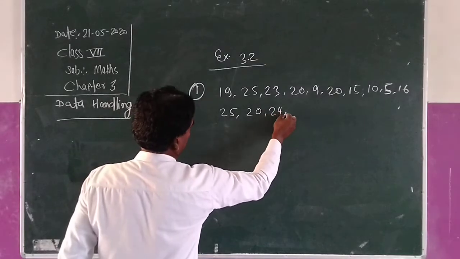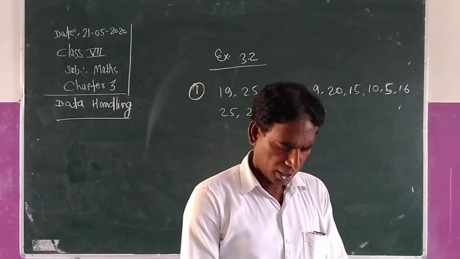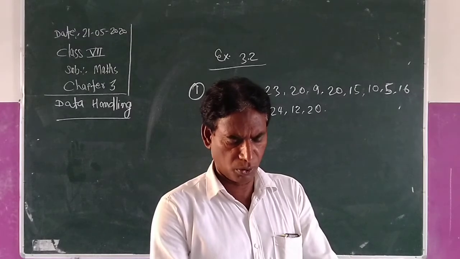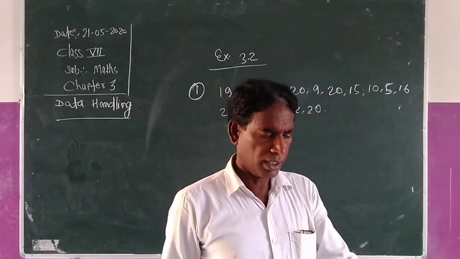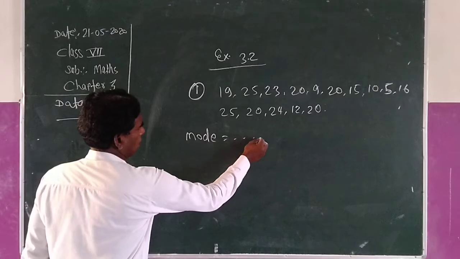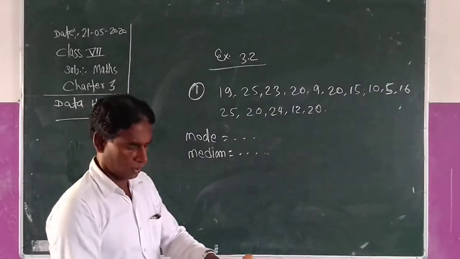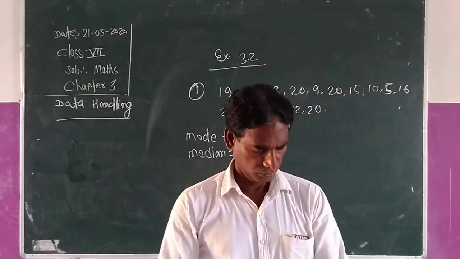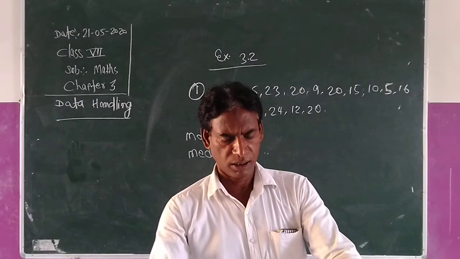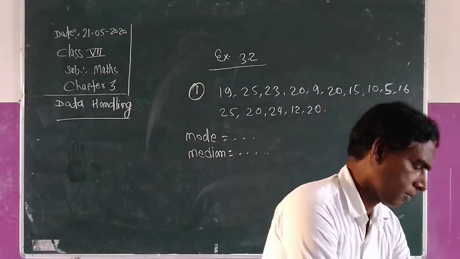The scores of 15 students are the following. Find the mode and median. Simple way: question first, second, third, fourth, all questions are the same.